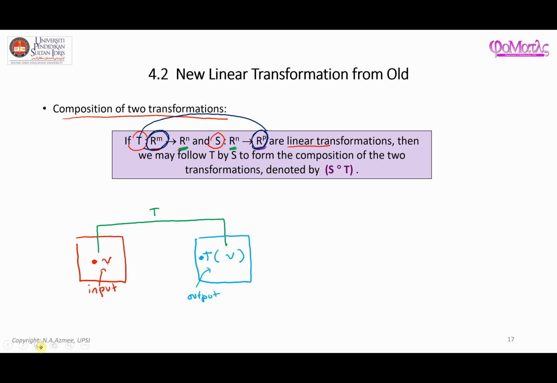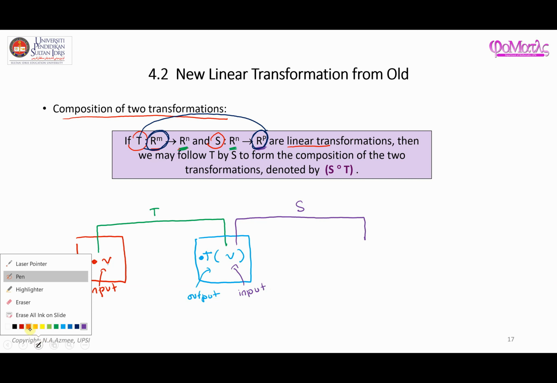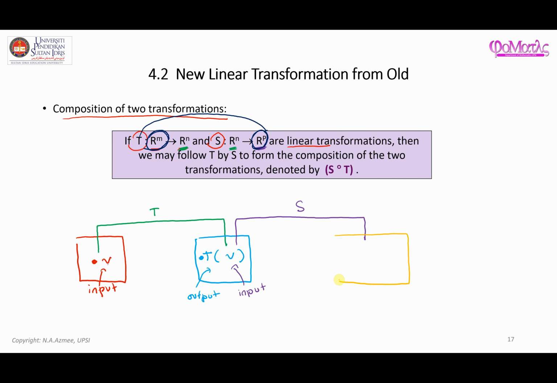Now there is another transformation which is called S, and S considers this output as an input. So here it will be an input for S. And therefore, the result will look like this.